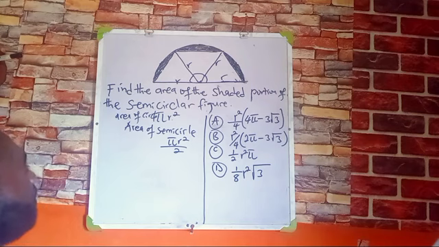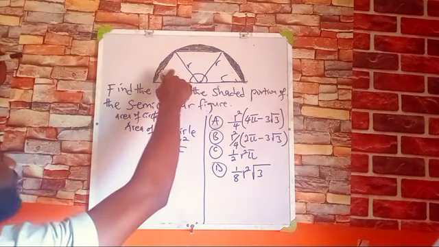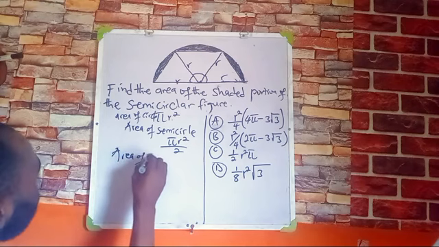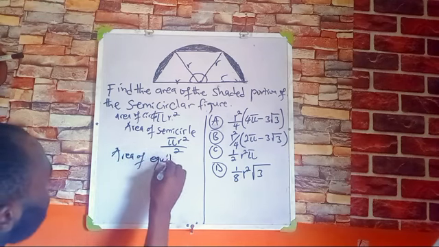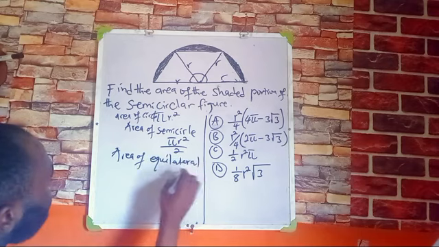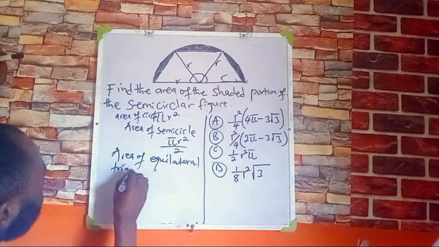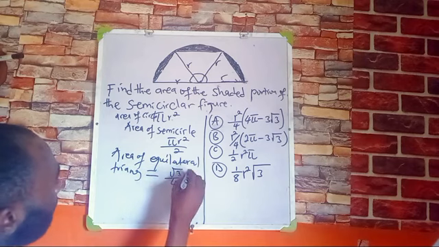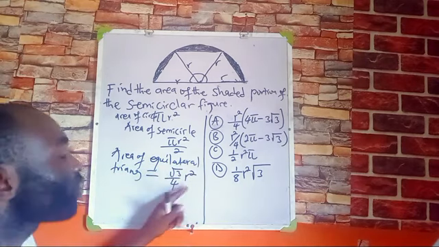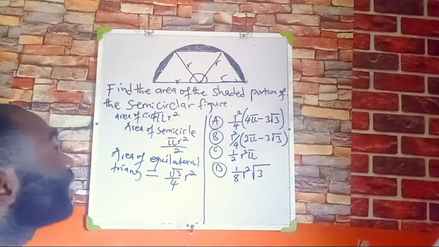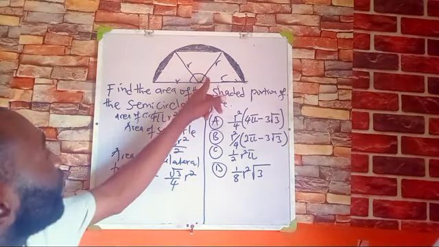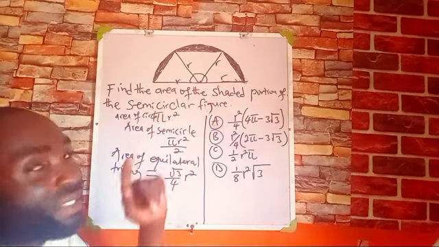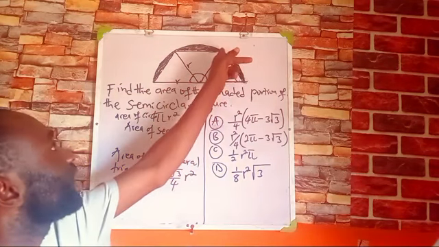We still know that the formula for the area of an equilateral triangle is square root of 3 all over 4 r square. This r square does not mean r is constant. We are using r square here because the length of this line is equal to the length of the radius, since a radius is a line that runs from the center to the circumference.